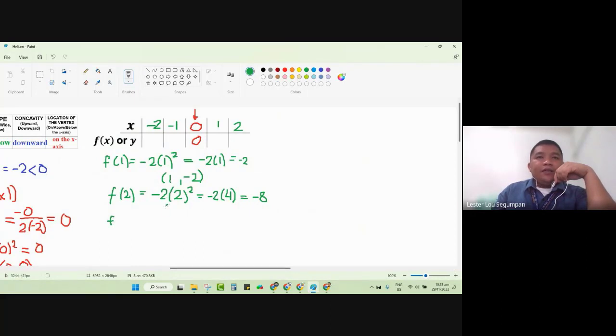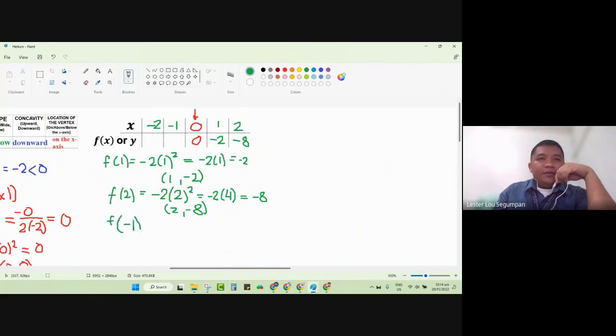The second point is positive 2 and negative 8. We place it here, and this is also negative 8.